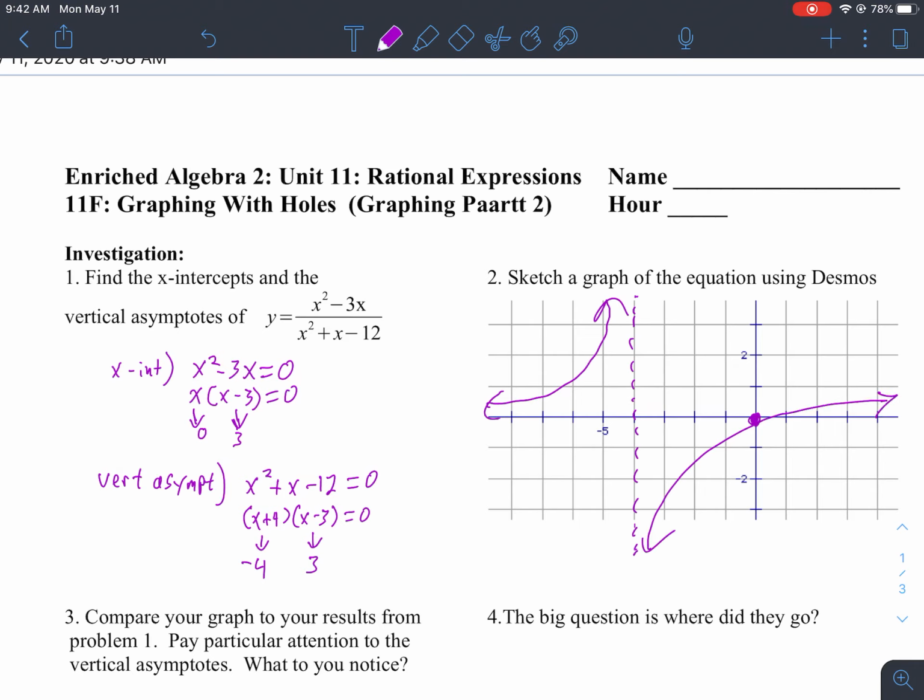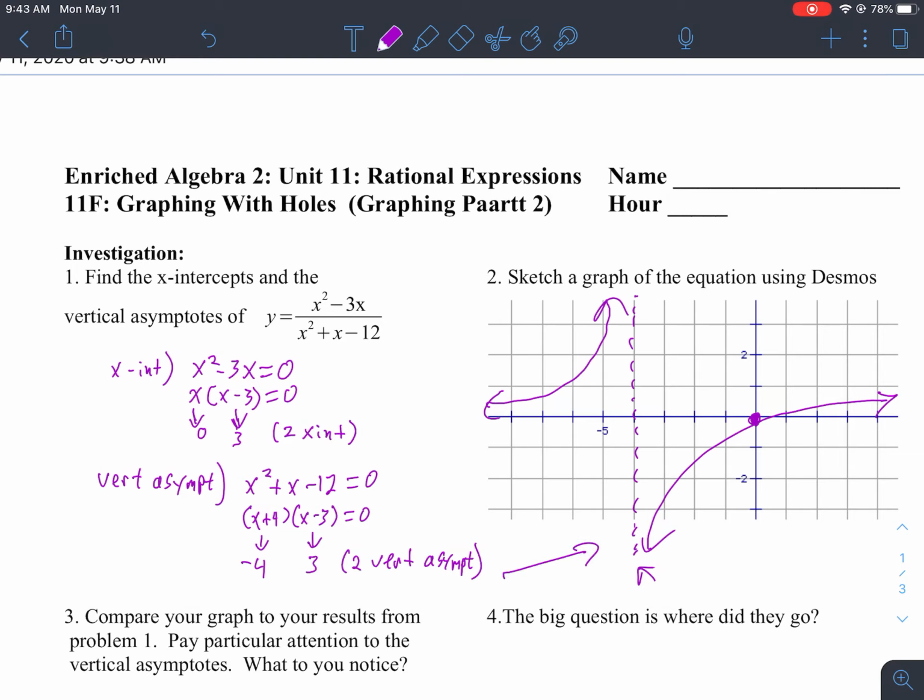According to the problem, we have two x-intercepts and two vertical asymptotes. Now look over here.